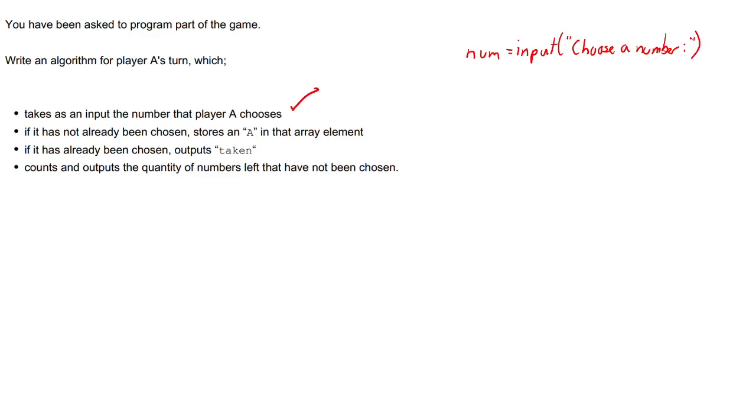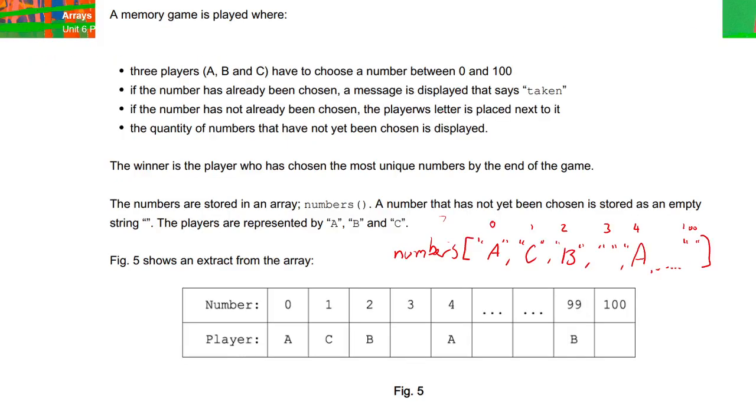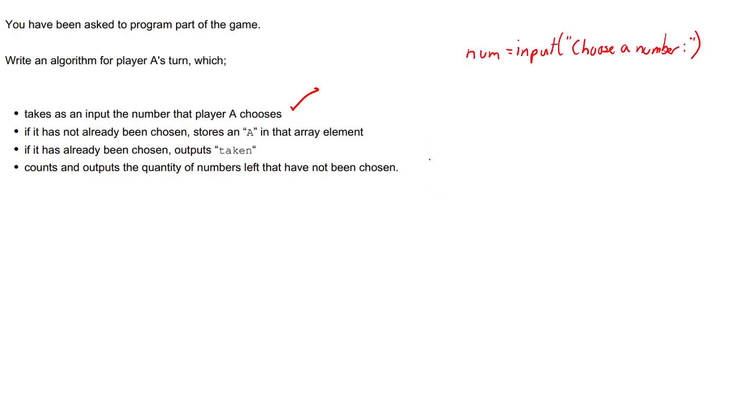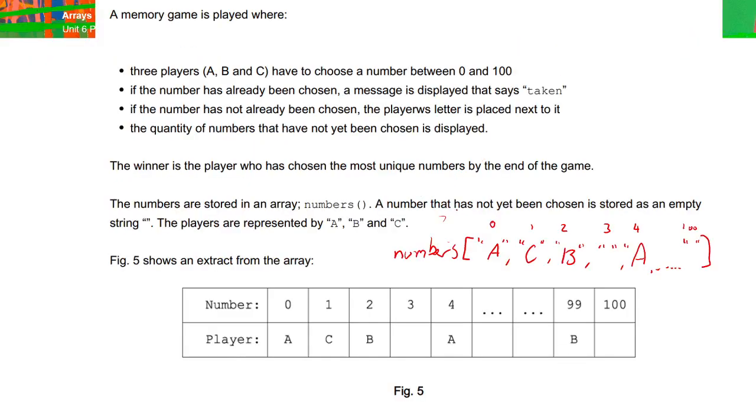If it has not already been chosen, store an A in that array element. So what essentially you're doing is you need to check that num is becoming the index. For example, let's say I chose number 4. What I need to do then is find if numbers 4 is blank.